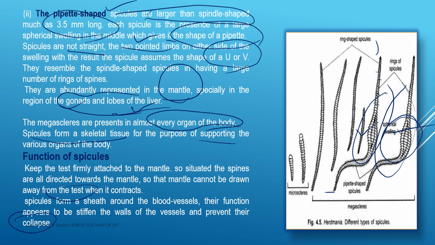So spicules form a sheet around the blood vessels. Its function is to stiffen the wall of the vessels and prevent their collapsing.